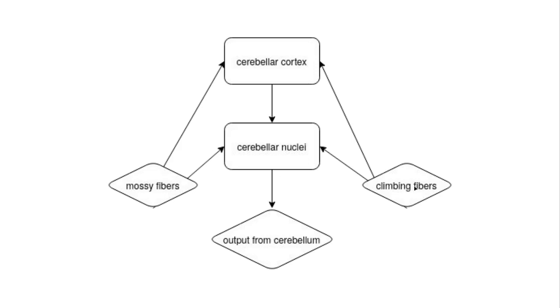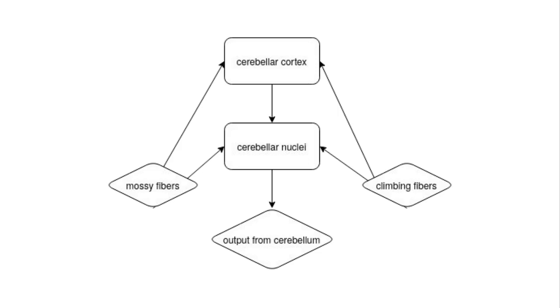In climbing fibers, this is also sensory information from the periphery and from the cortex, but the type of this information and the way it's used in the cerebellum is completely different. This is information about events happening, and the cerebellum will need this information to be able to learn to correct where the event signals some error that needs to be corrected for.